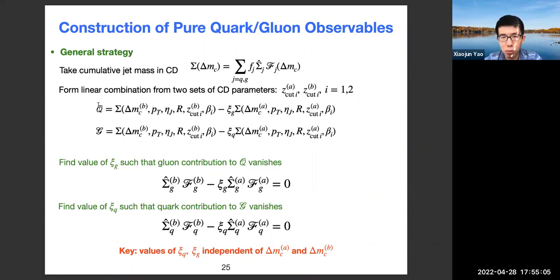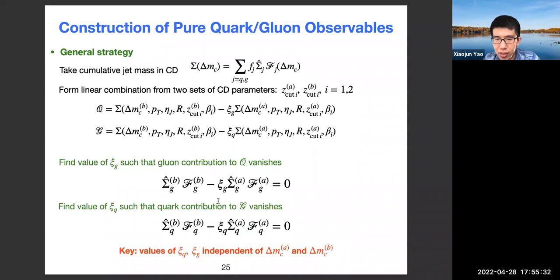For example, for the pure quark observable, we require the gluon contributions to vanish by adjusting these CG parameters. So this is the definition of CG here. Similarly, for the pure gluon observables, we would require the quark contribution to vanish, and to do that, we adjust these CQ parameters such that this equation is satisfied.